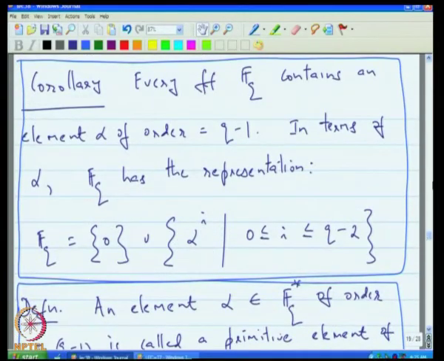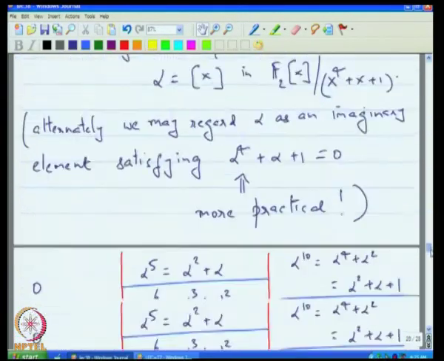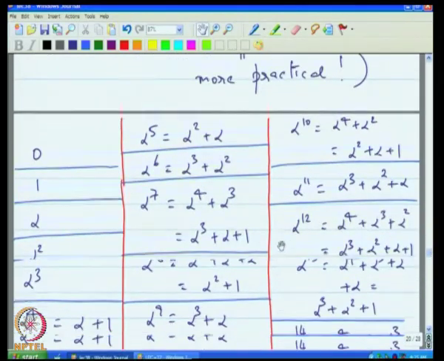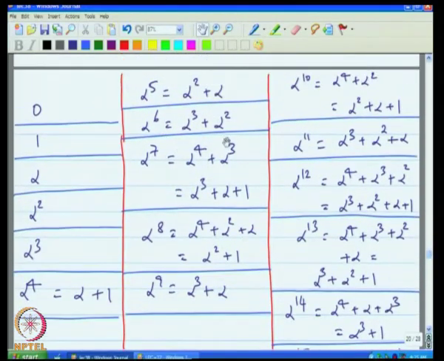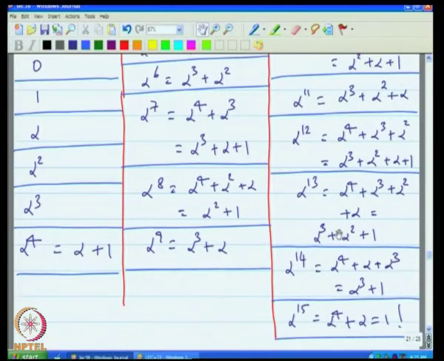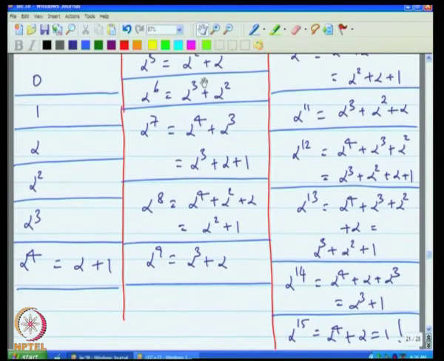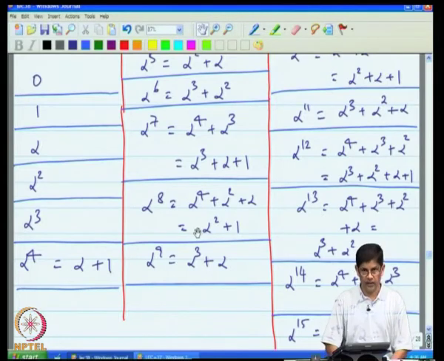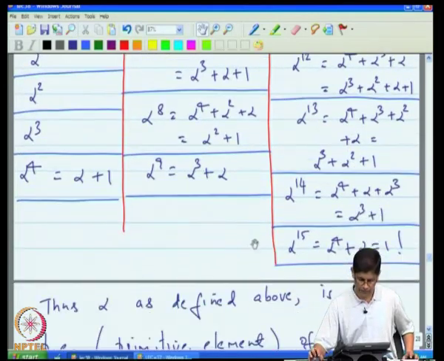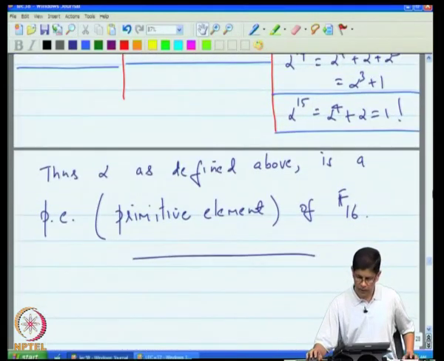The other representation is one in which every element in the finite field is a polynomial in alpha of degree less than or equal to 3. You can notice that everything eventually reduces to a polynomial of degree less than or equal to 3 with binary coefficients, and the number of such polynomials is 2 to the 3 plus 1, which is 16. Okay. All right.